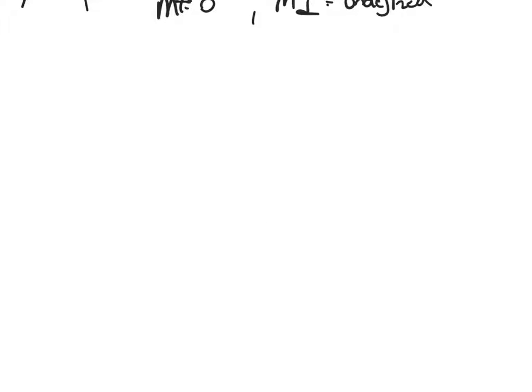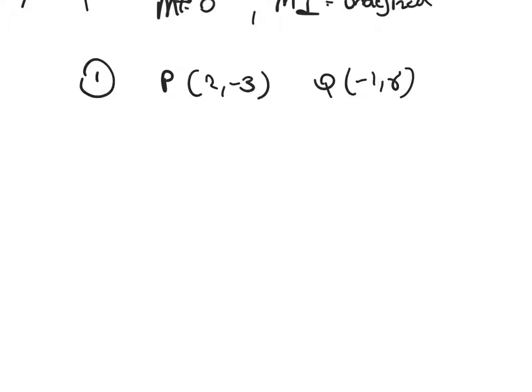Okay, so let's look at an example of this. If we've got a point P, which is (2, -3), and a point Q, which is (-1, 6). Find the gradient of a line perpendicular to PQ.